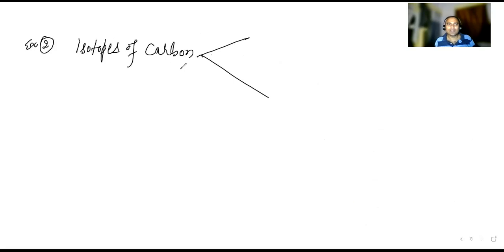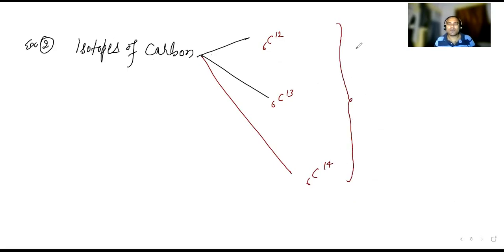Isotopes of carbon: three isotopes are there. Carbon 6 with 12, carbon 6 with 13, and carbon 6 with 14. So what you are finding, point number 1: atoms of the same element, carbon.